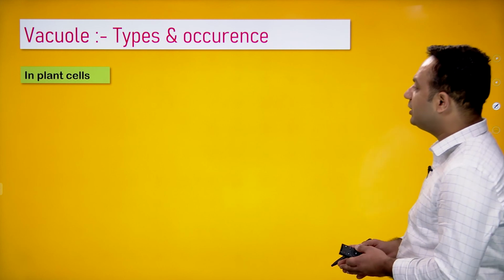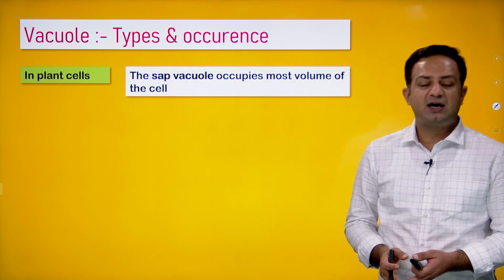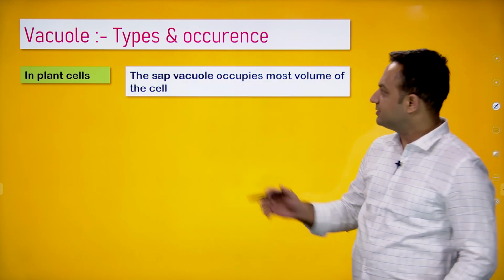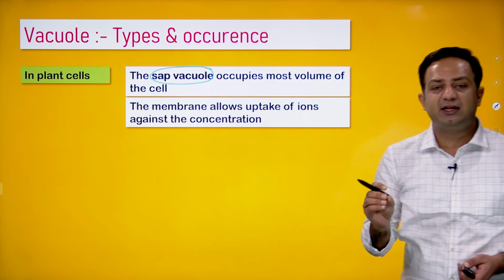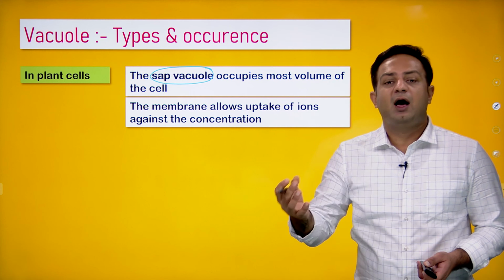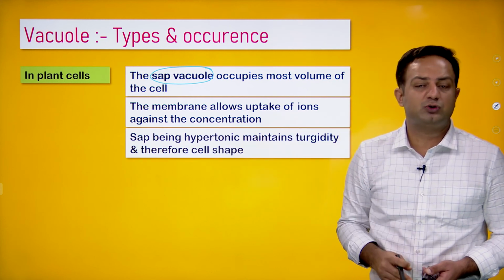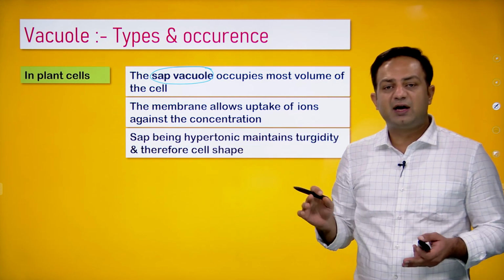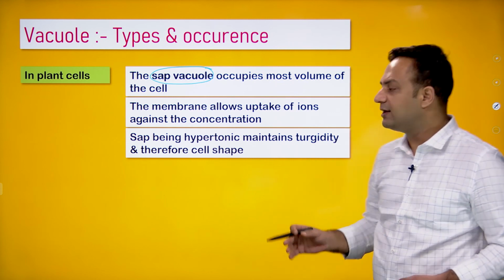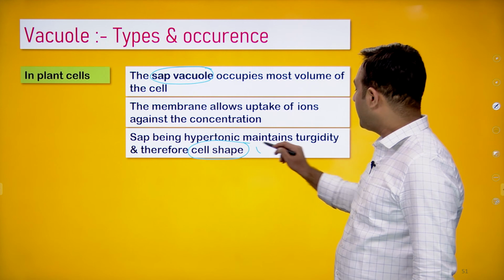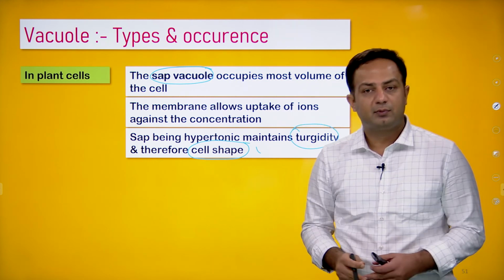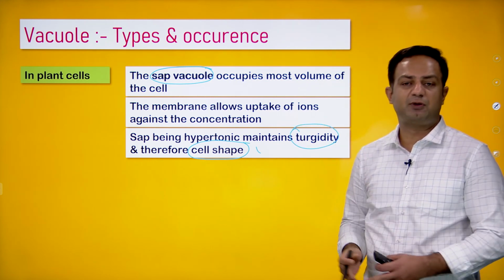So where are vacuoles found and what are they doing? If I study plant cells, sap vacuoles are present. Those sap vacuoles contain sap which has a high concentration as compared to the cytoplasm. Because of the high concentration, the sap vacuole is responsible for the cell shape and turgidity. It maintains the cell shape of the plant cell.